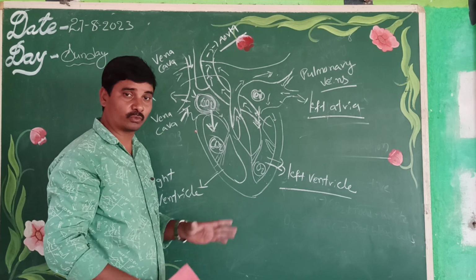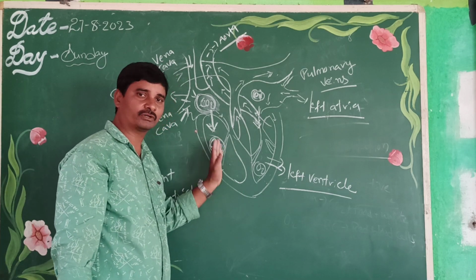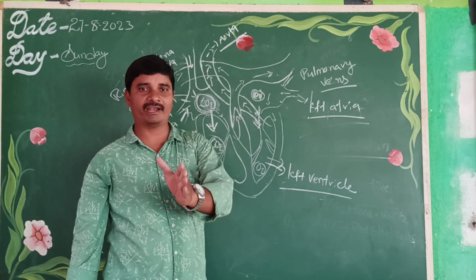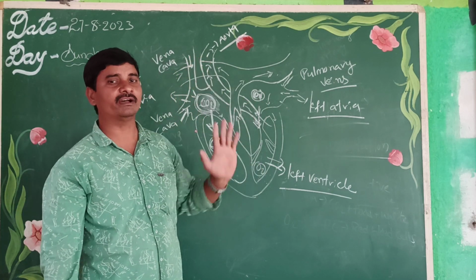You know very well why the deoxygenated blood is sent from the heart to the lungs: for removal of the carbon dioxide from the deoxygenated blood.